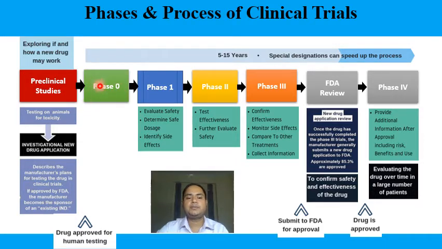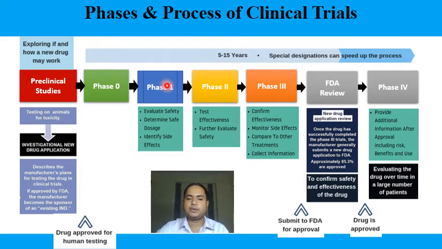Then after performing phase 0, the trial proceeds to the phase 1 stage, and in phase 1 the drug is evaluated for safety, and we determine the safe doses. We can also identify the side effects of the small dose.